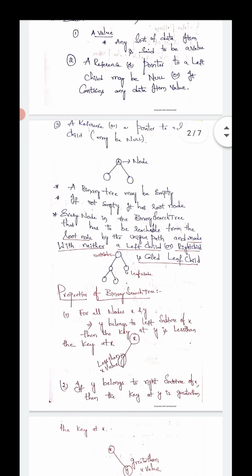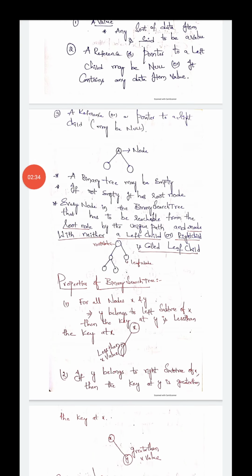Look at this diagram, where a is a node. A binary tree may be empty; if not empty, it has a root node.